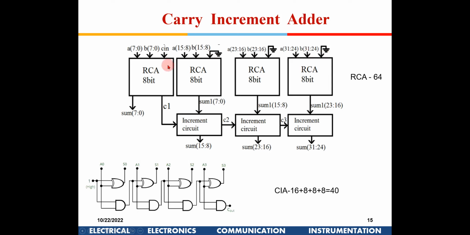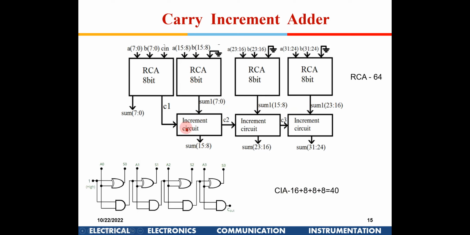So this particular block is not waiting for a carry from here, and this block is not waiting for a carry coming from here. So all 4 of them will start computation at the same time, and they will give their outputs at the same time. Since this is just an 8-bit, 8 into 2 is 16, so that much delay will be there.